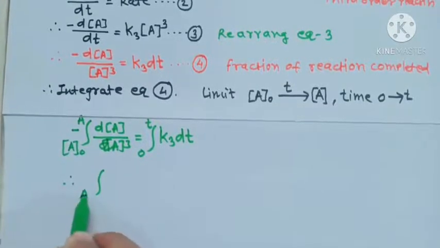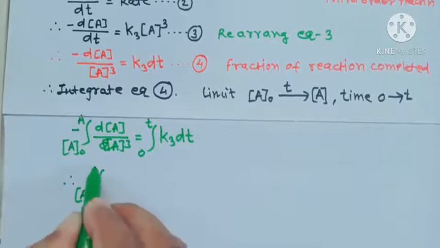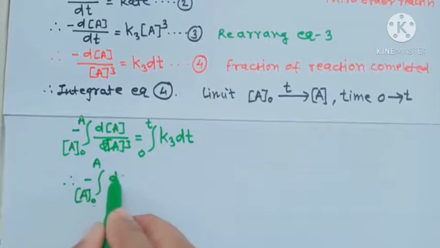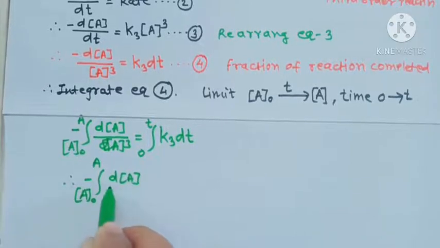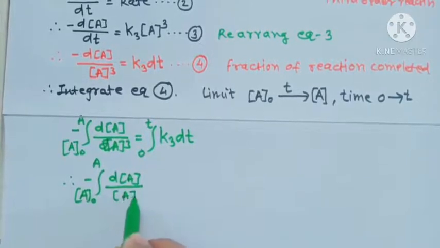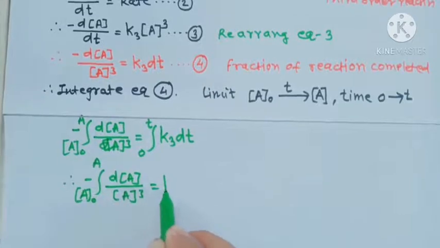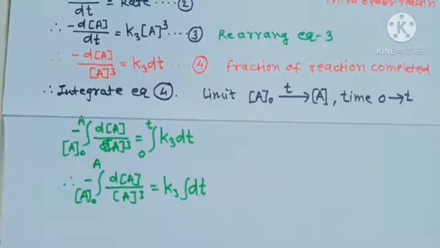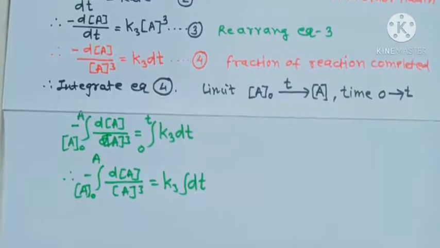So we get integration of dA upon A cubed is equal to K3 integration of dt. If you see this term, what is the integration?